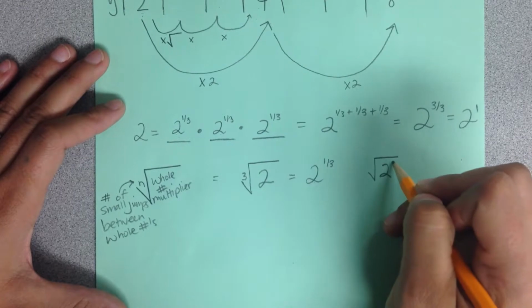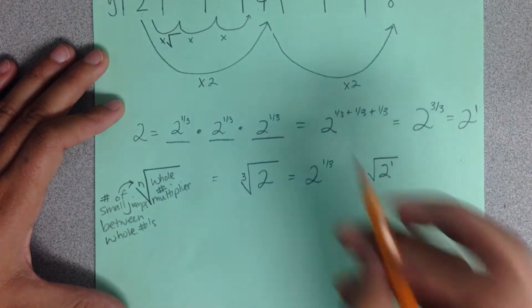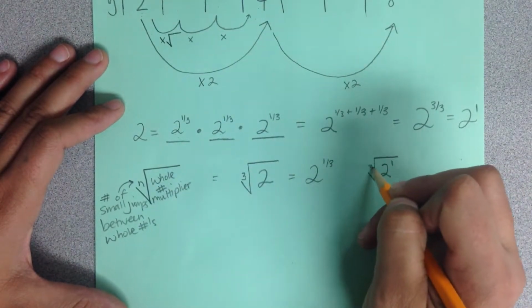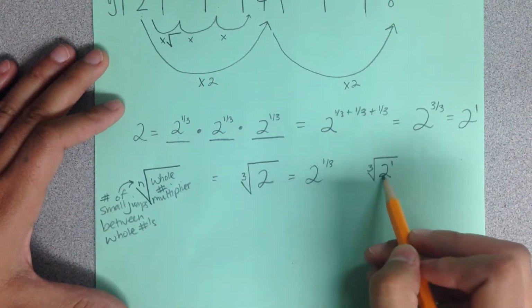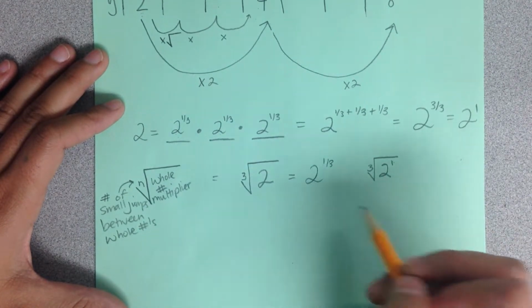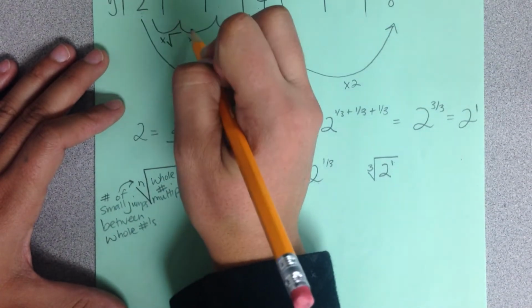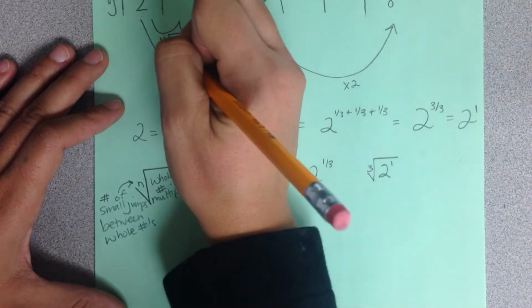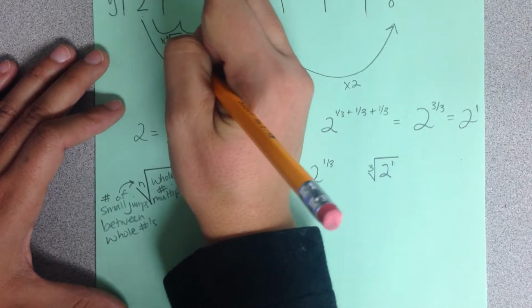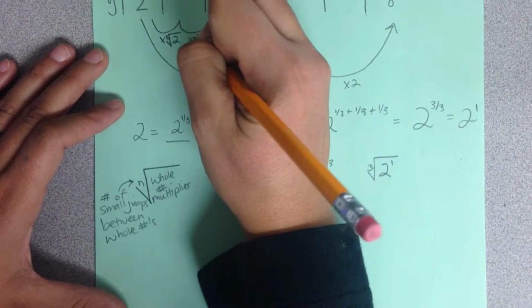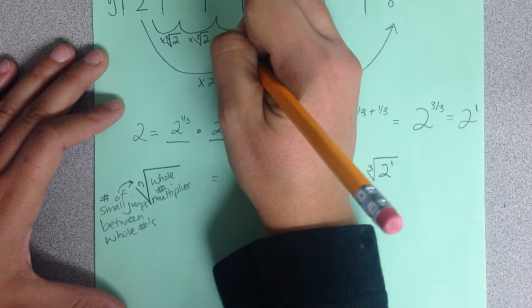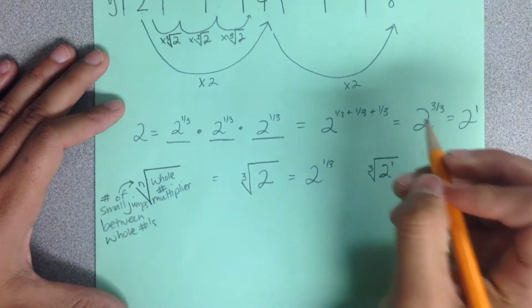Our numerator 1 becomes our exponent, and our denominator 3 becomes our index. So the third root of 2 to the first power, that's just 2, is the same thing as the third root of 2. So every little mini jump, every third of a jump, we're going to be multiplying by the third root of 2. Again by the third root of 2, and again by the third root of 2.